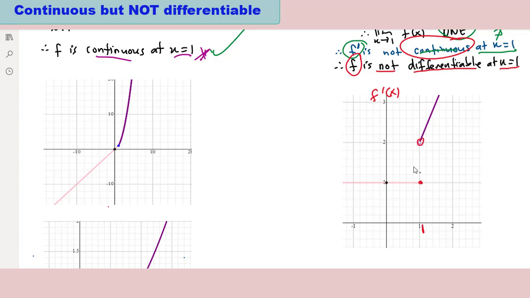So f prime of x is not continuous and f is not differentiable at x equals 1.